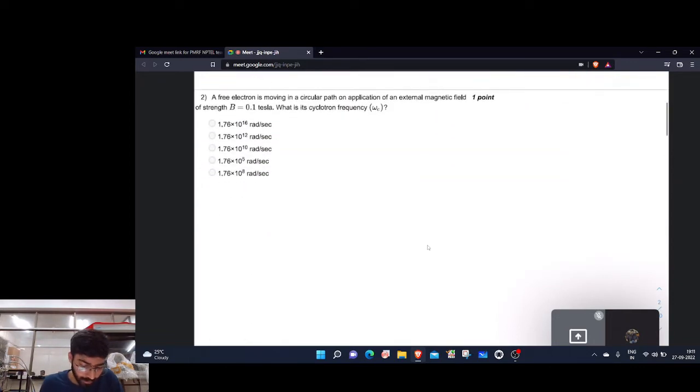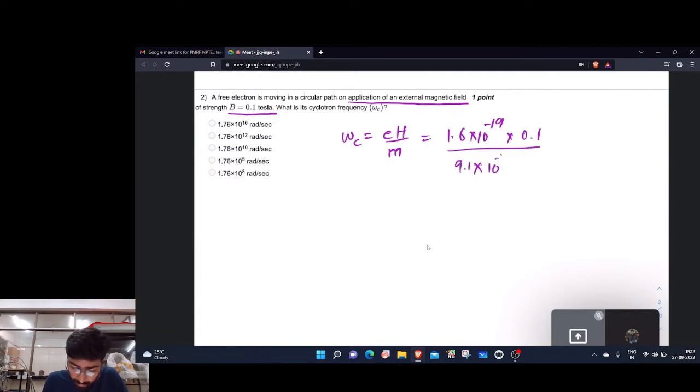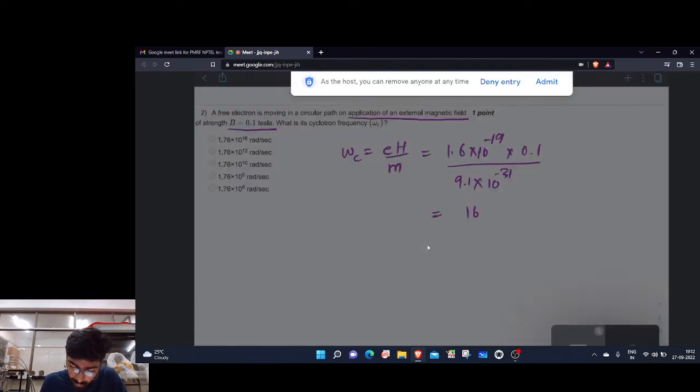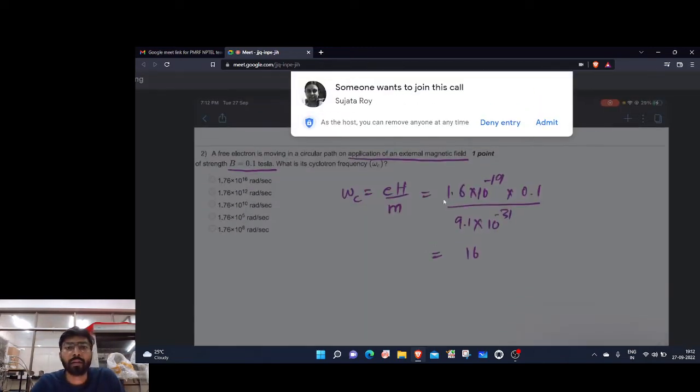Now the next question: a free electron is moving in a circular path on application of an external magnetic field of strength B equal to 0.1 Tesla. The cyclotron frequency is given by eB by m. The charge of the electron is 1.6 times 10 raised to the power minus 19, B is 0.1 Tesla, and the mass of the electron in kg is 9.1 times 10 raised to the power minus 31.